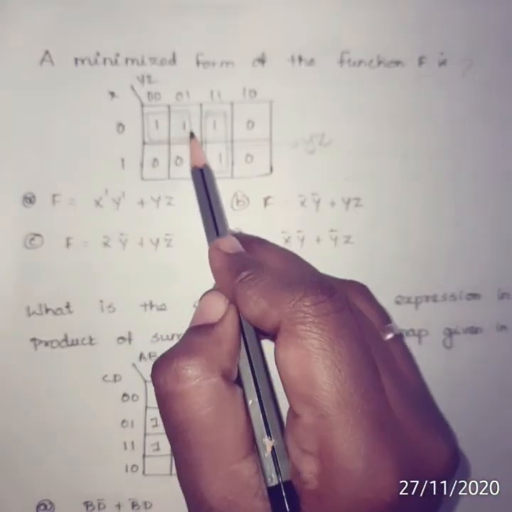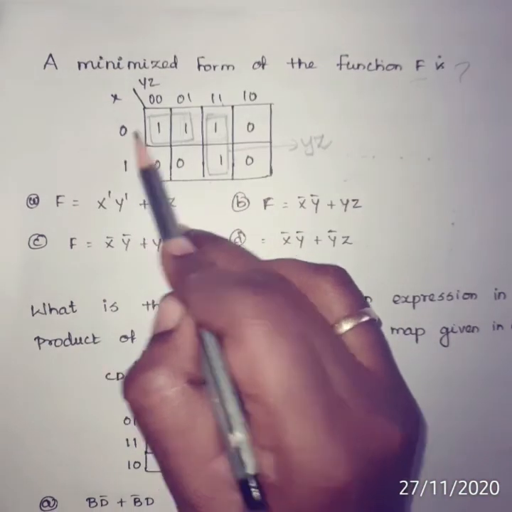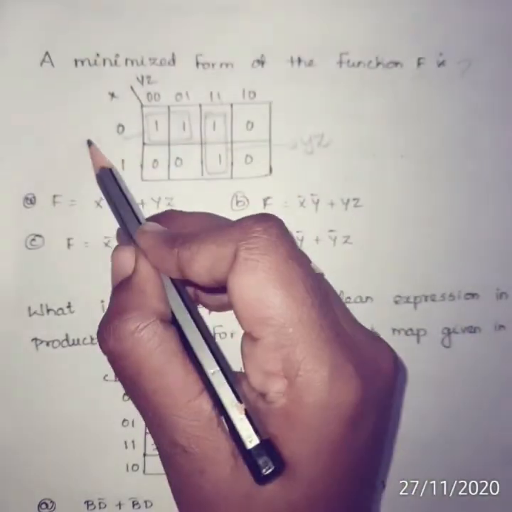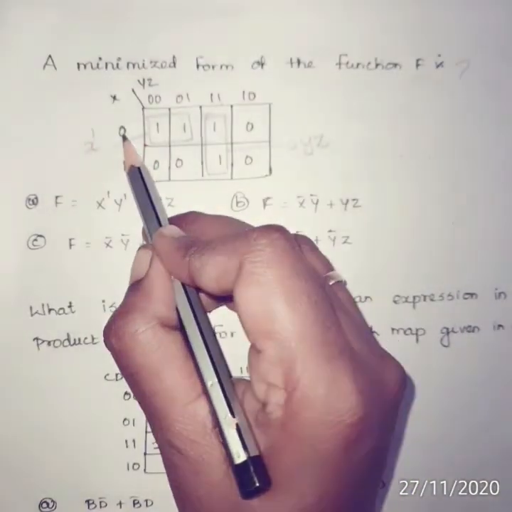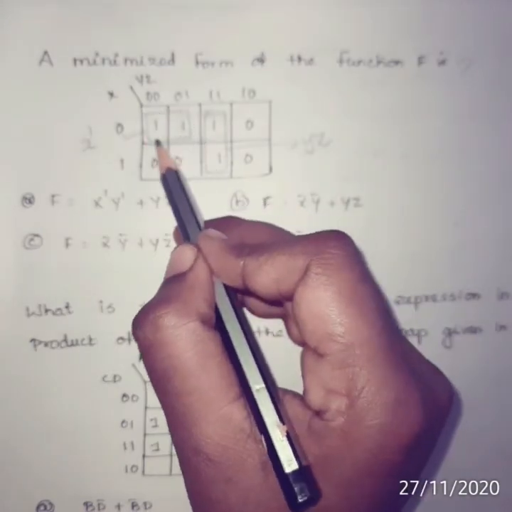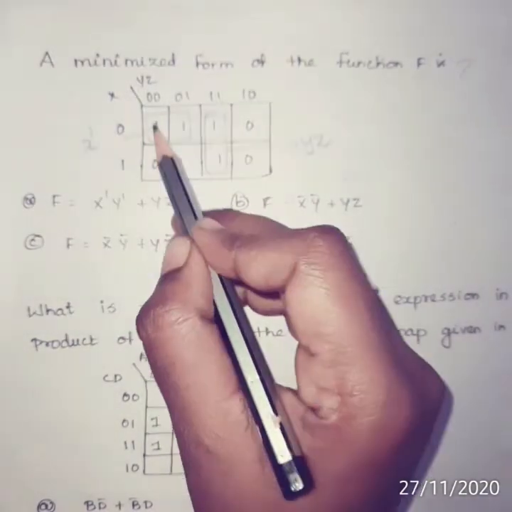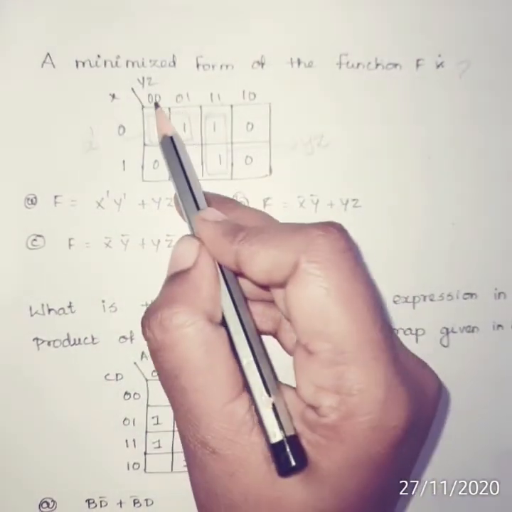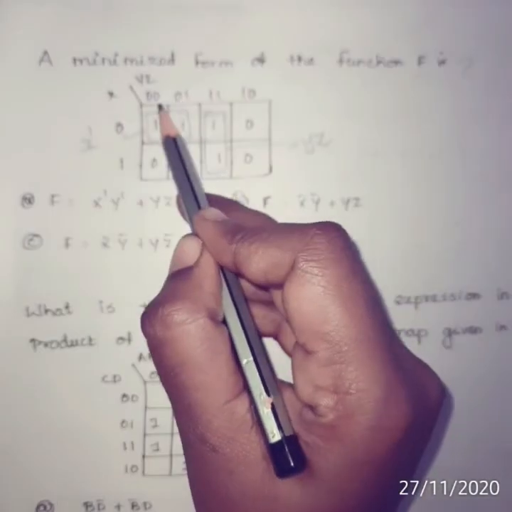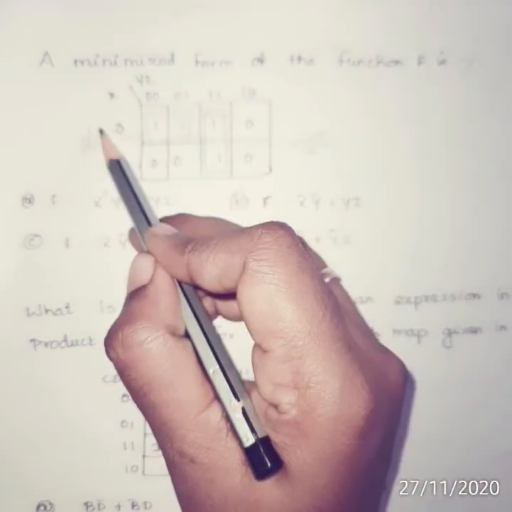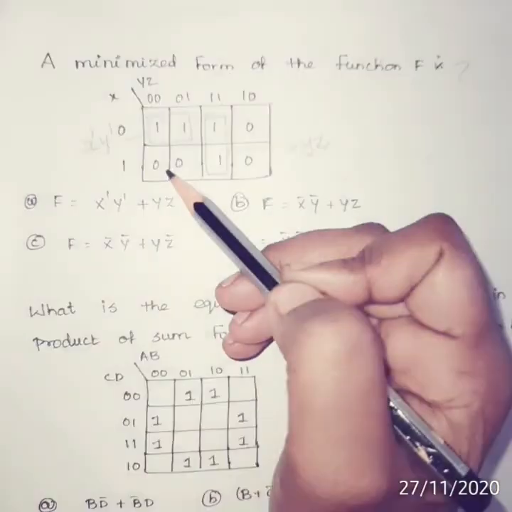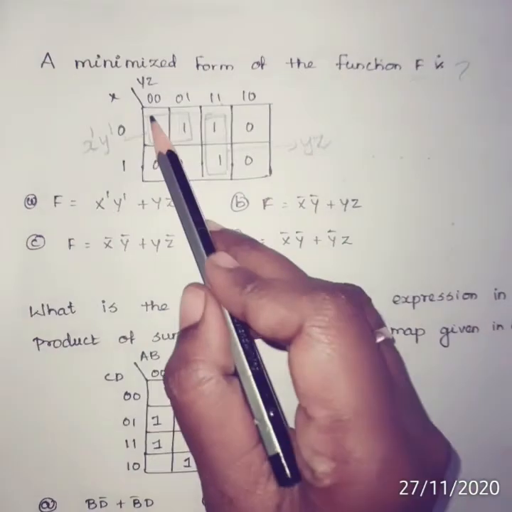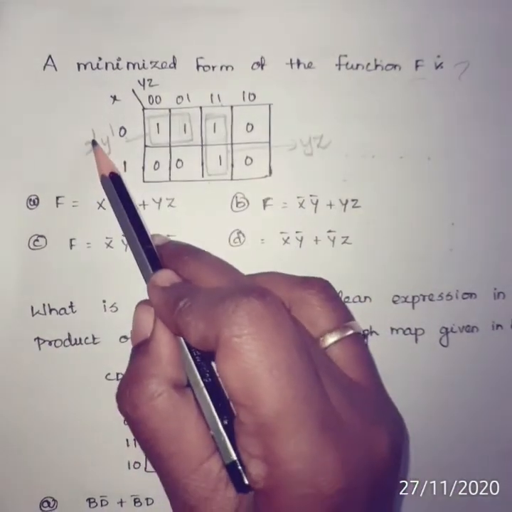For this other group, X is unchanged with value 0, and in these two columns Y is unchanged at 0, so the term is X dash Y dash.